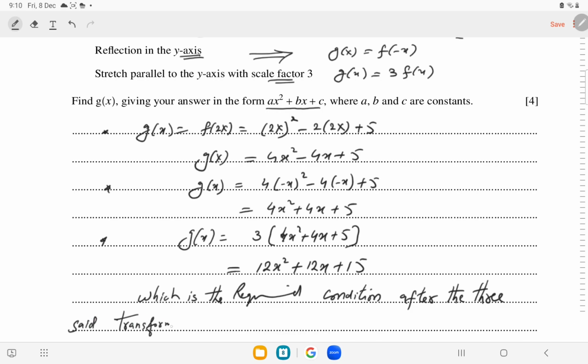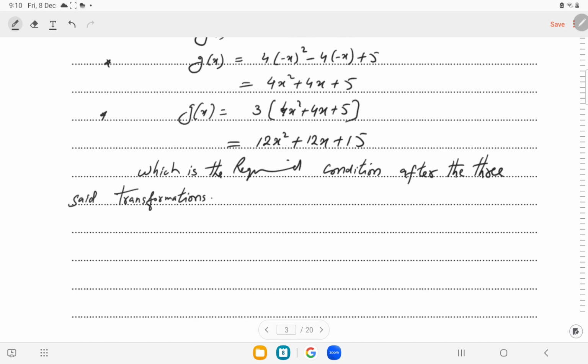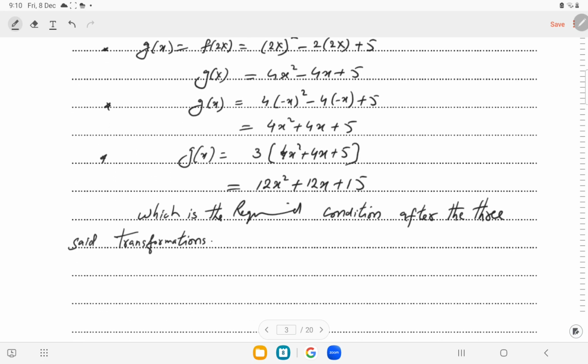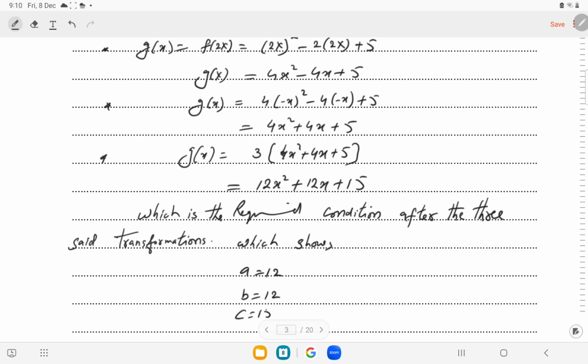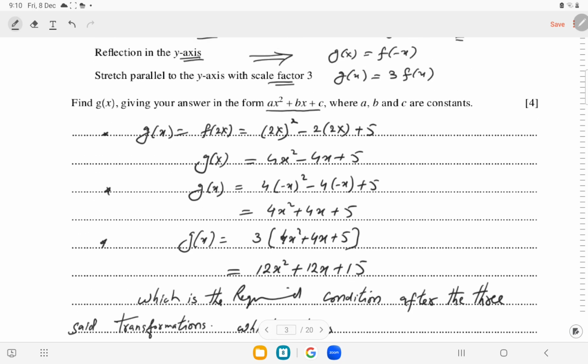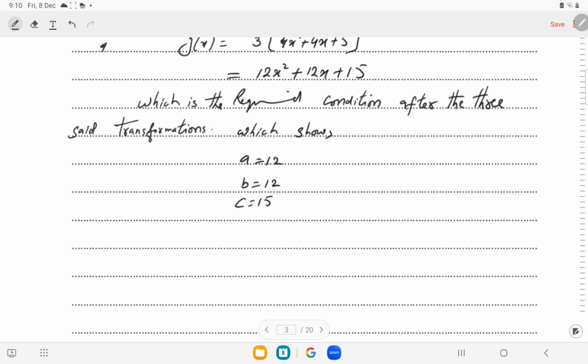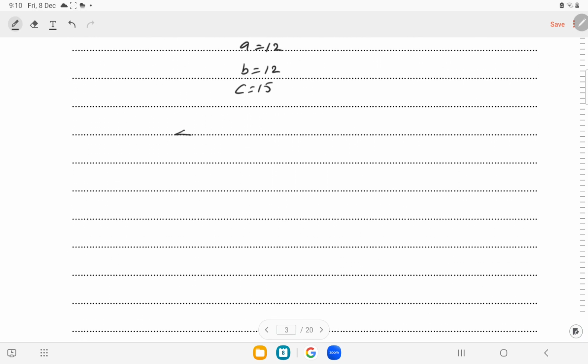Transformation, which shows a is equal to 12, b is equal to 12, and c is equal to 15, as it has been asked here. So that is the final answer for this. I hope you understand it better.